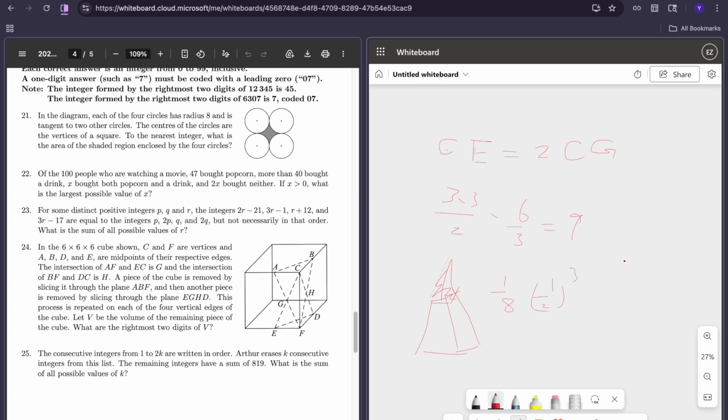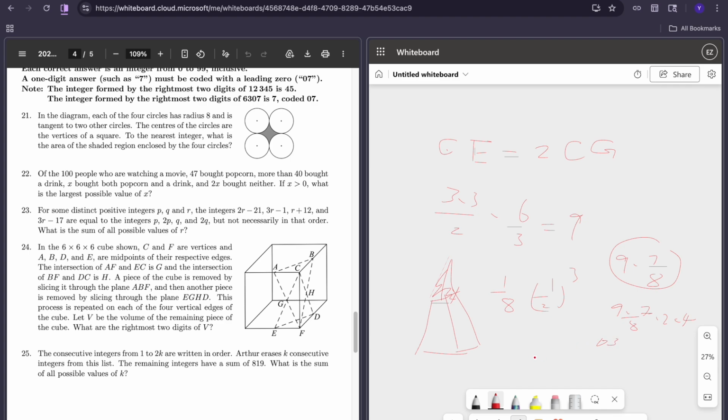So 9 times 7/8 is remaining, but since on one vertical edge there are 2 like this, so 2 times 7/8 times 2, and then times 4 for 4 vertical edges, so we get 63.